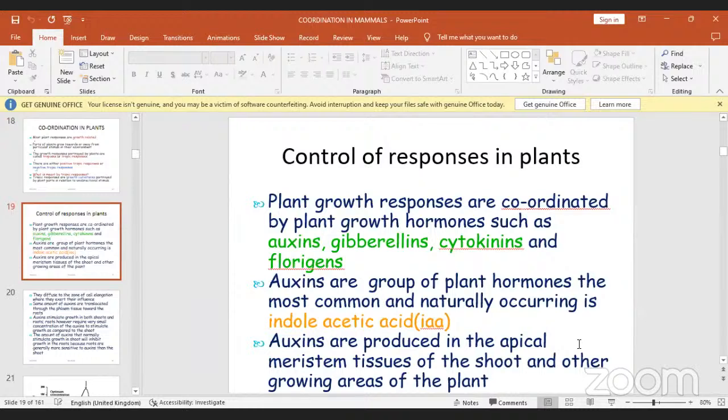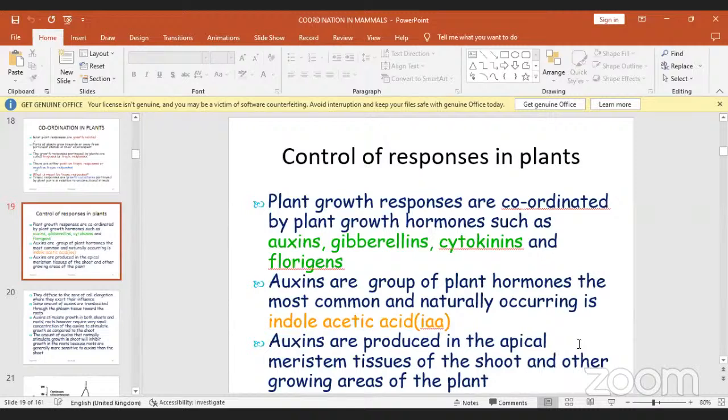And I want to believe that when you were talking about growth and development, you talked about various hormones that are responsible for growth in plants. And one of the hormones was auxins. And you said that auxins are produced at the tips of shoots, and some of them are transported to the roots to enhance growth.